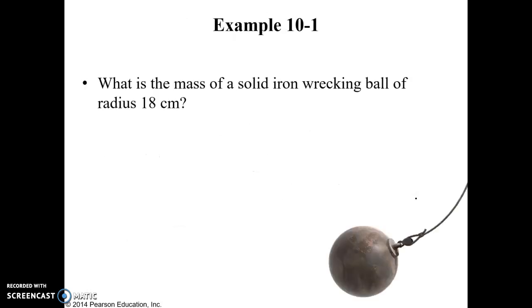That's going to bring us, we'll get to it in a moment, to the idea of specific gravity. But first, let's look at an example problem. If we have an iron wrecking ball that has a radius of 18 centimeters and it's made of solid iron, what is its mass? Well, first of all, we need to calculate the volume of a sphere.